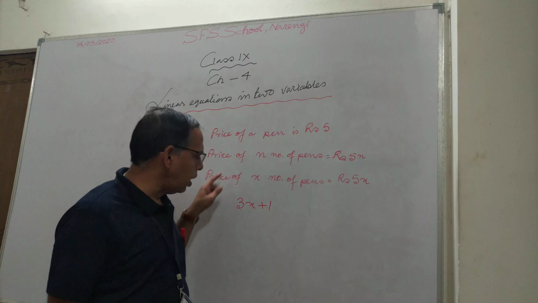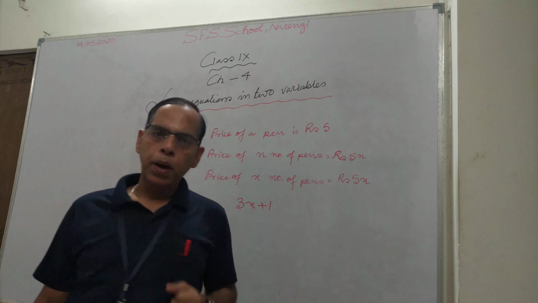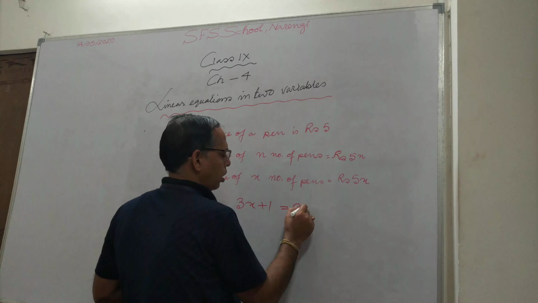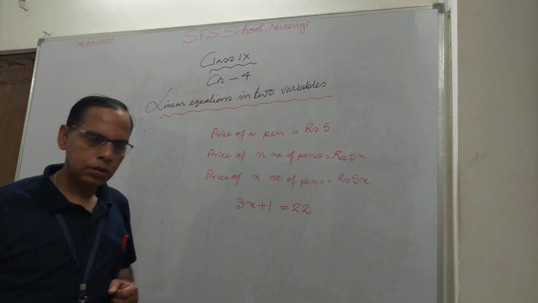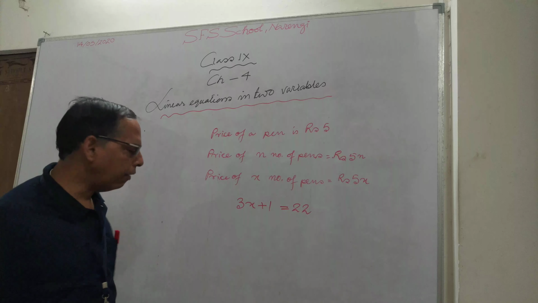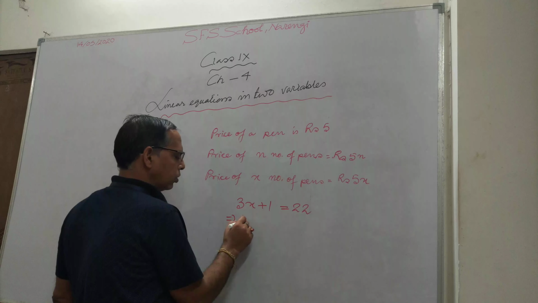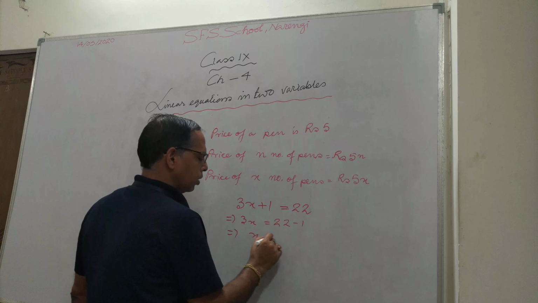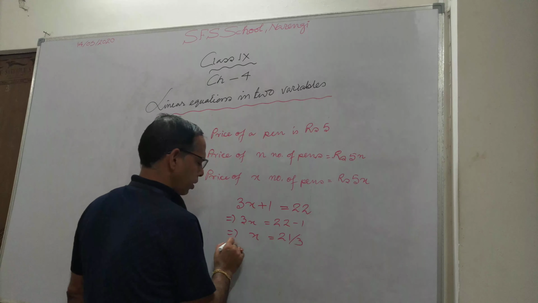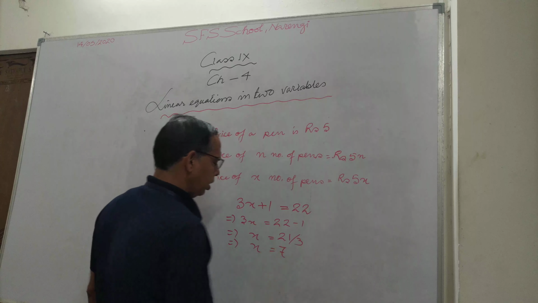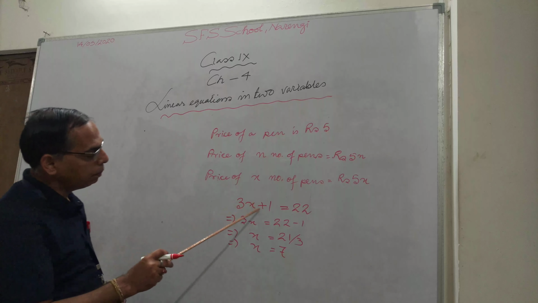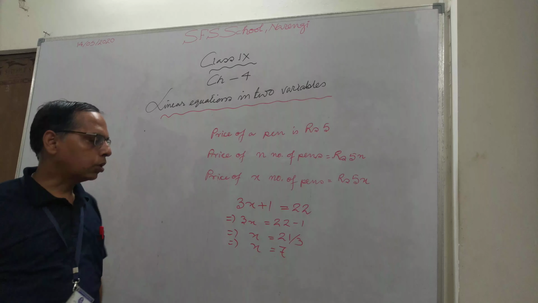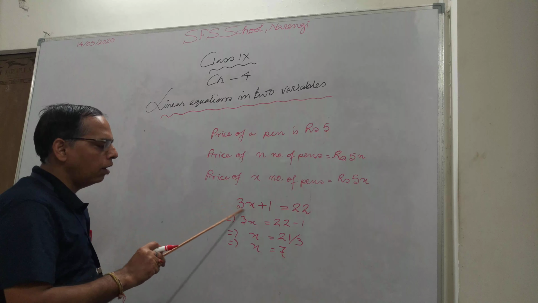And if this 3x plus 1 is 22, then what is the value of x? It will simplify: 3x equal to 22 minus 1, implies x equal to 21 by 3, implies x equal to 7. See, 7 threes are 21, plus 1 is 22. So you got the answer. Clear? So this is a linear equation in one variable.